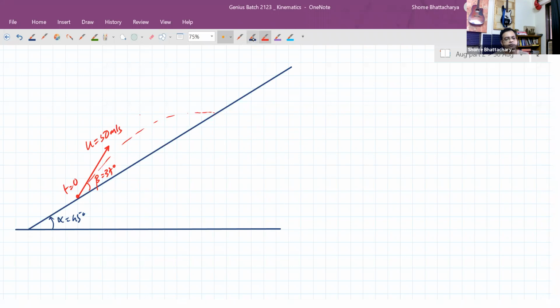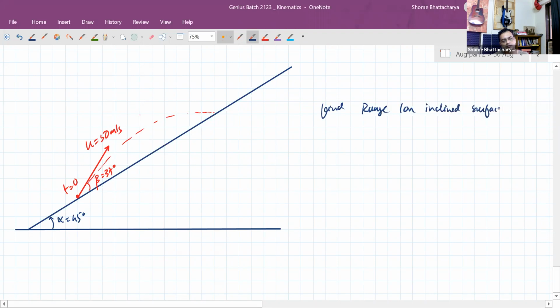Again, we want to find the range on the inclined surface. This time, let's solve some slightly different things. Let's solve the impact speed, Vi. Take g as 10.